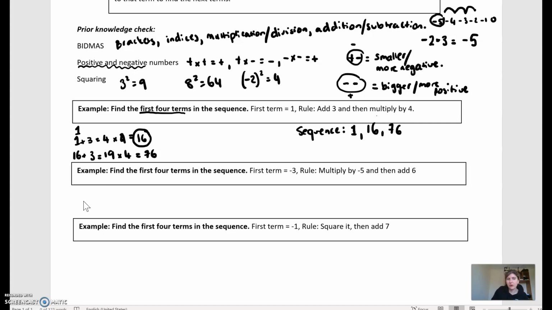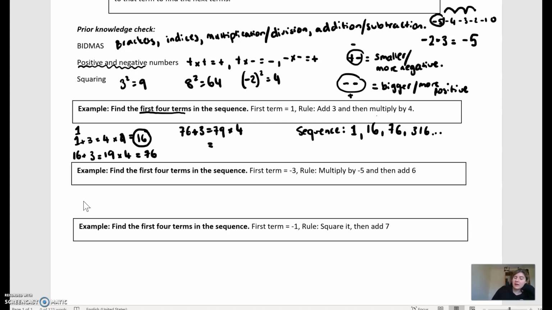Right, the fourth term, 76 plus 3 gives us 79, times 4 gives you 316. Okay, so there's our first 4 terms in the sequence. Now we know the sequence keeps going, so just put a couple of dots at the end to show that it keeps going. All right, but that's our first 4 terms.